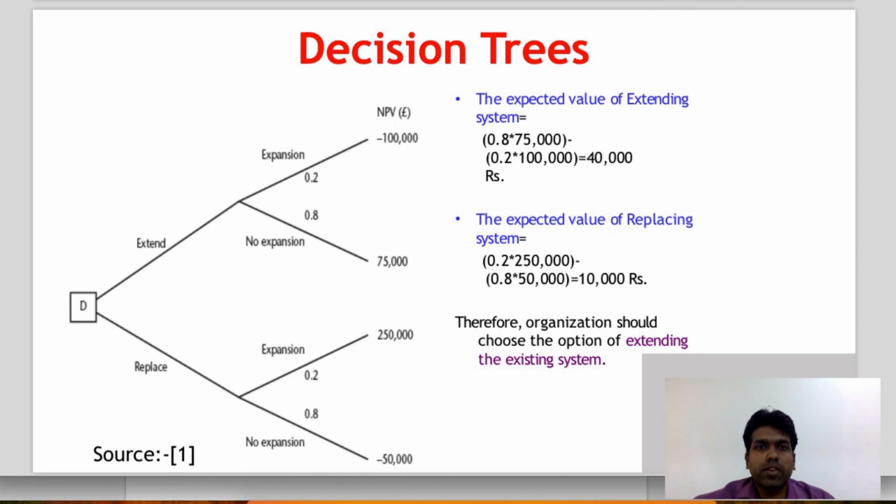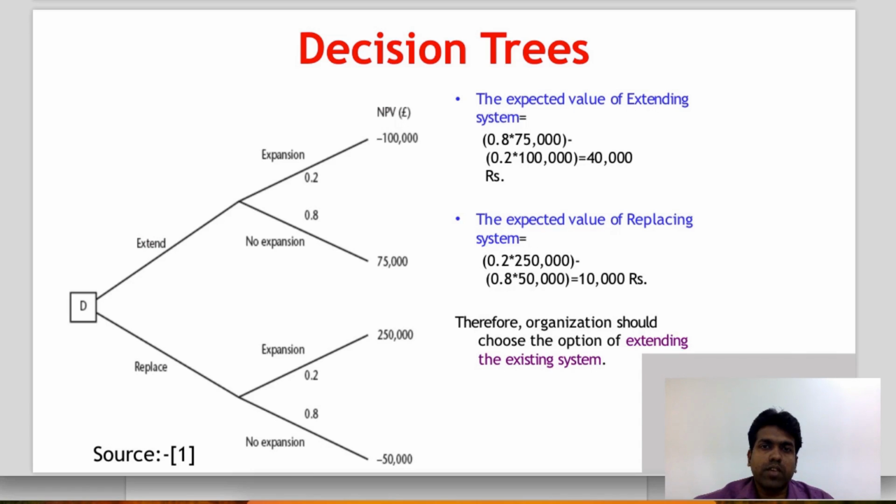And this one is showing the net profit value, and these are the probabilities showing here. So if we go for the calculation of extending the system, we can calculate by multiplying this net profit value with this probability, then plus this net profit value times its probability. So this is the calculation for it.